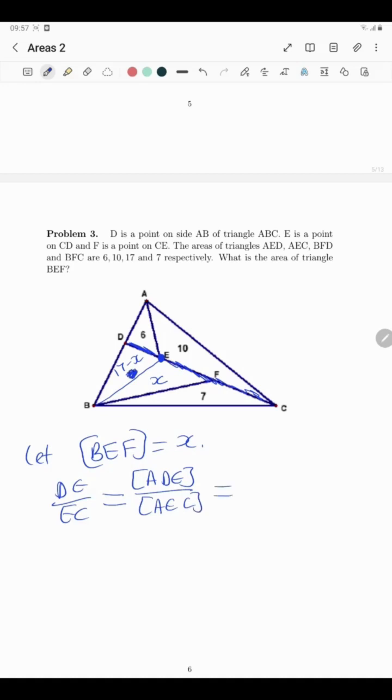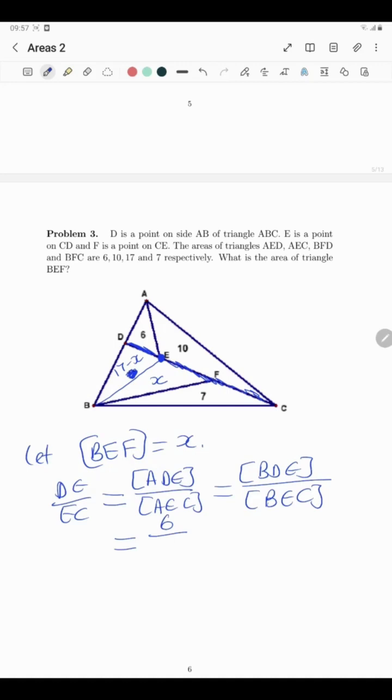Likewise, BE is a cevian of triangle BDC. So DE over EC is therefore the same as the area of triangle BDE all over the area of triangle BEC. Do we know the area of triangle ADE? Yep, it's given as 6.